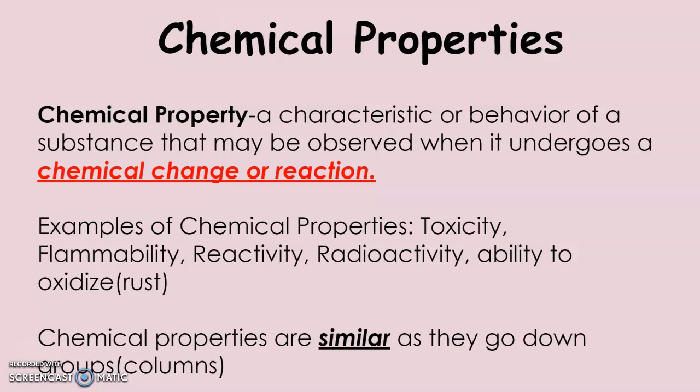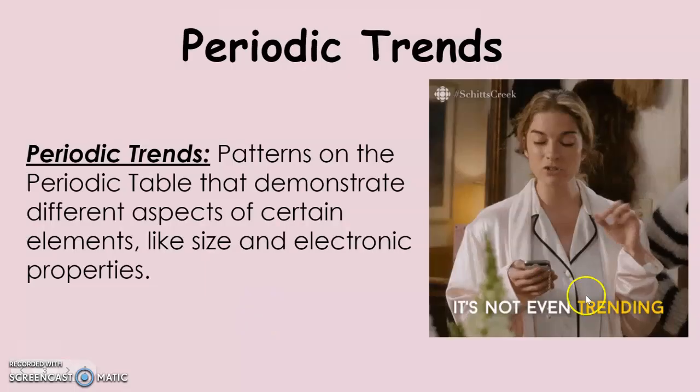And these chemical properties, remember, are similar as they go down the groups or the columns. All the elements in group 1, the alkali metals, have similar chemical properties. All of the elements in group 2, the alkaline earth metals, have similar chemical properties. That's going to be the same for every group in the table. And remember, the groups are the columns, the families, they go up and down.